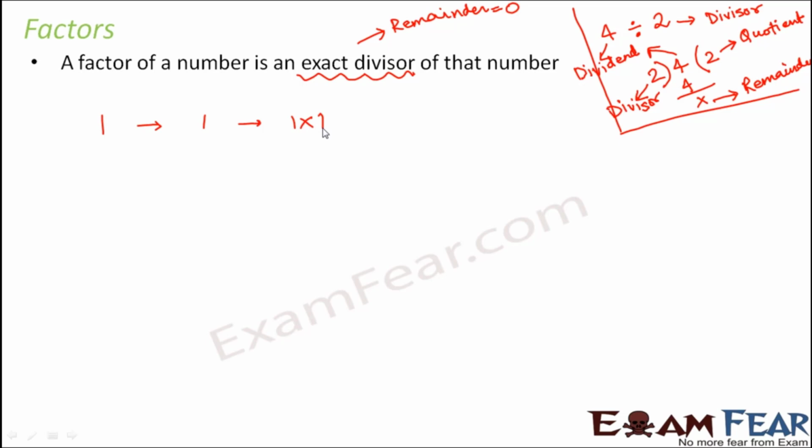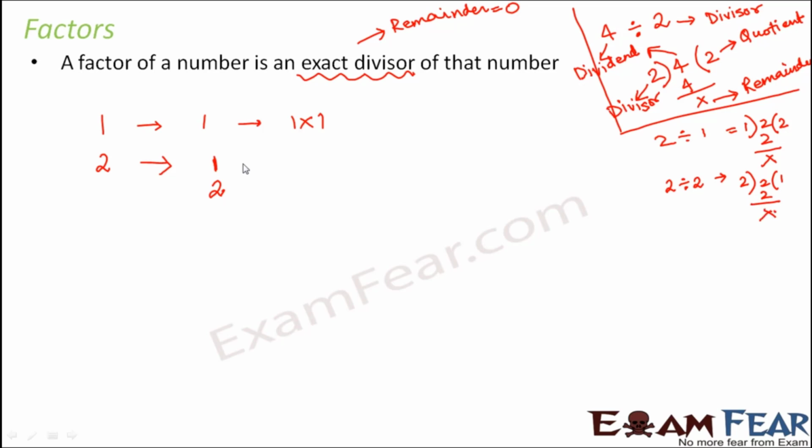Now let us consider the next number, that is 2. What about 2? For 2, 1 is an exact divisor, because if you divide 2 by 1, it would be something like this. 1 twos are 2, so the remainder is 0. So 1 is an exact divisor. 2 is also an exact divisor, because if you do 2 divided by 2, this is how you do it, 2 ones are 2.